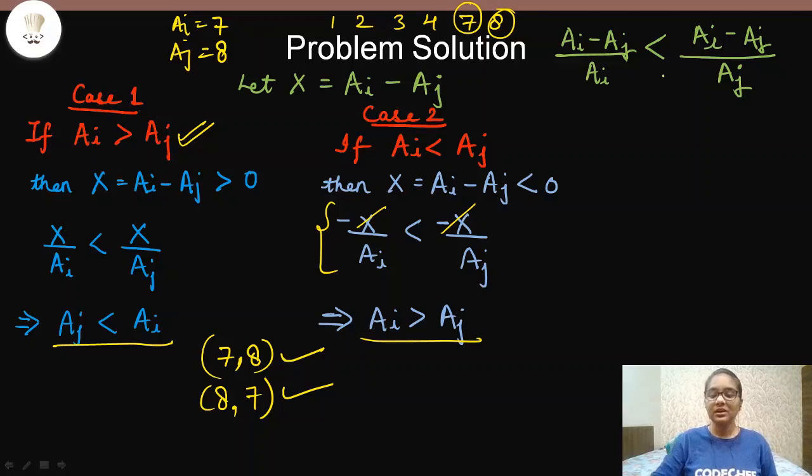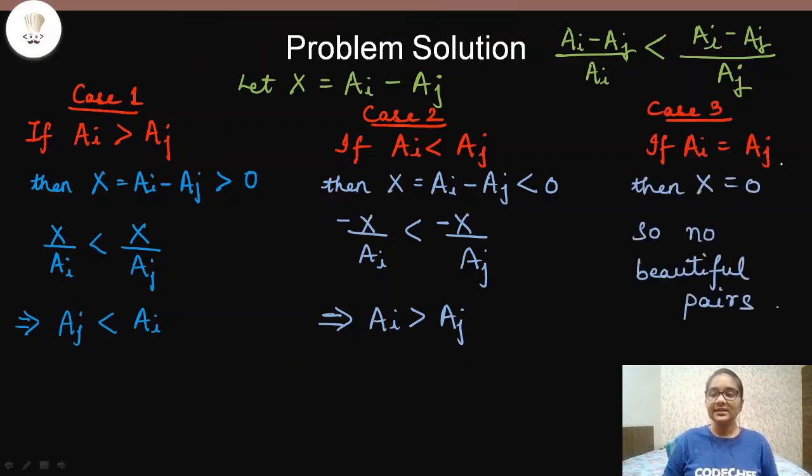Now we will come to the last case, when AI is equal to AJ. If AI is equal to AJ, it means AI minus AJ will give us 0, right? And if we place 0 in this equation, it doesn't make sense, right? So no beautiful pairs will be formed when this is the case.